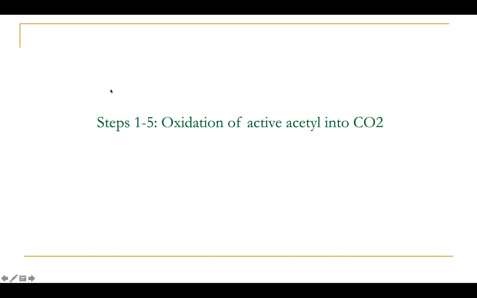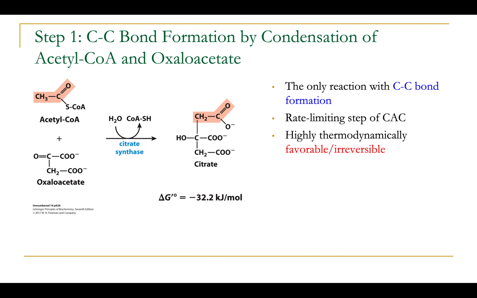The purpose of the first part of the citric acid cycle, the first 5 steps, is oxidation of the carbons within the acetyl group of acetyl-CoA into CO2 and concomitant release of the reducing power contained within the acetyl group in the form of reduced electron transport carriers. So let's see how this is happening.